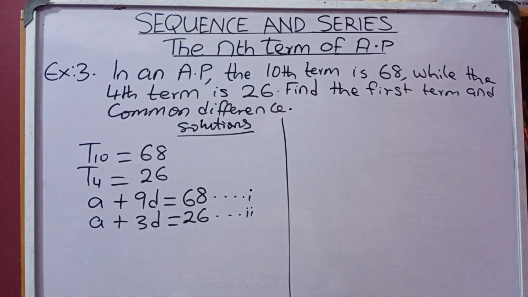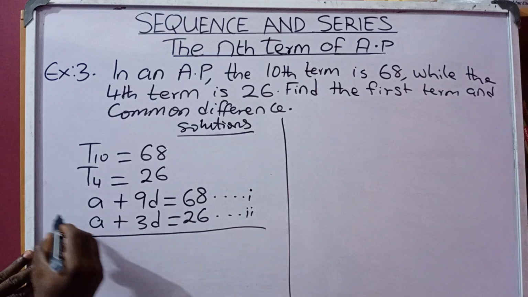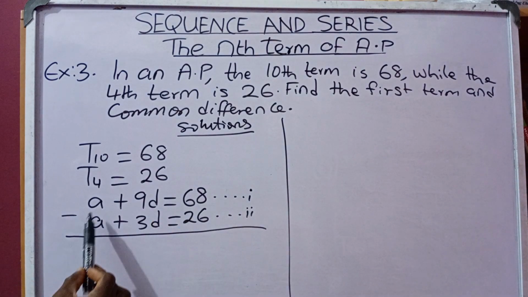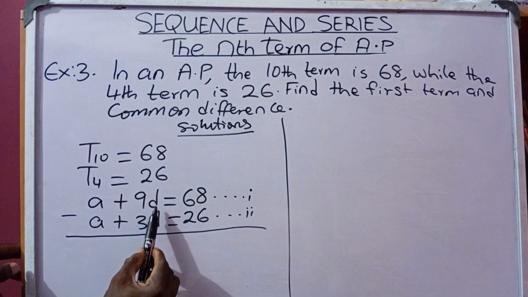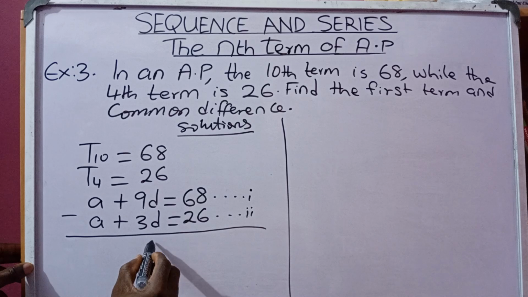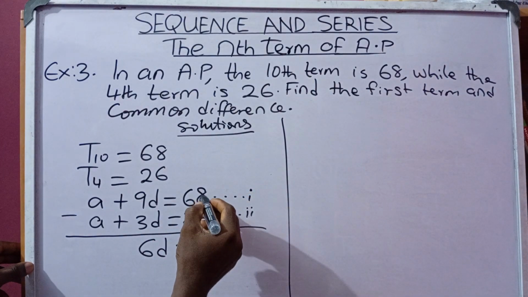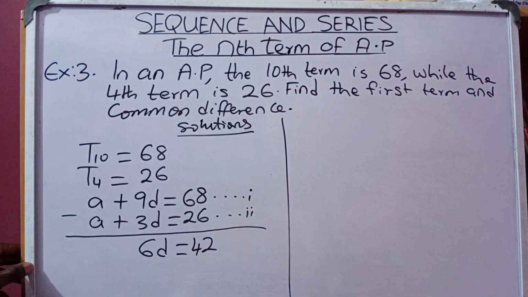So what we are going to be dealing with here will be the simultaneous equation. How do we do that? Using elimination method. We can put it this way. Equation 1 minus equation 2. That will now be A minus A, 0. That is gone. 9D minus 3D will give us 6D equal to 68 minus 26, which will give us 42.